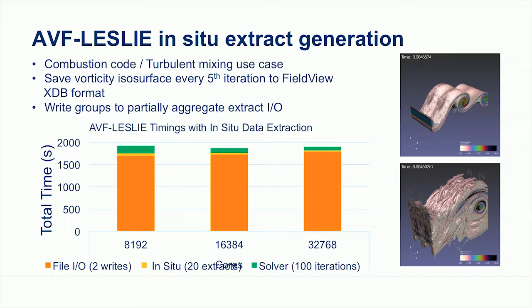He's running it as a combustion turbulent mixing use case. He's going to save vorticity isosurface every 5th iteration for rendering in FieldView, but he's dumping out isosurfaces in this XDB format. He's set up this writer group thing to aggregate data to reduce the number of writers.